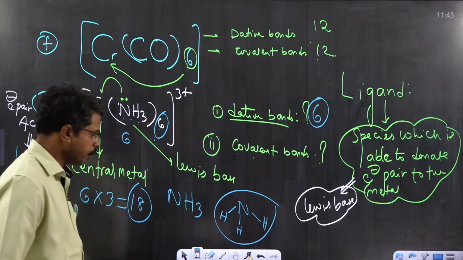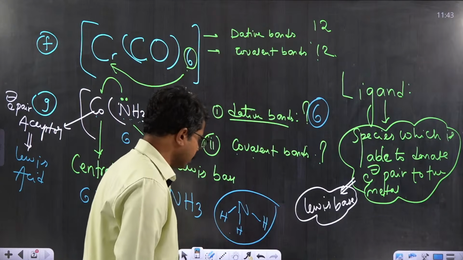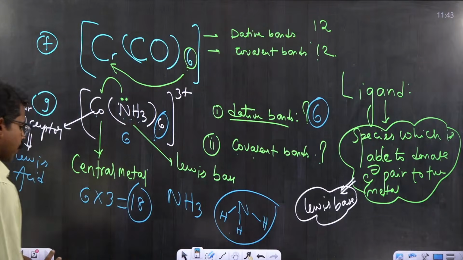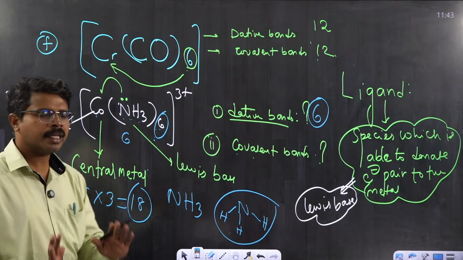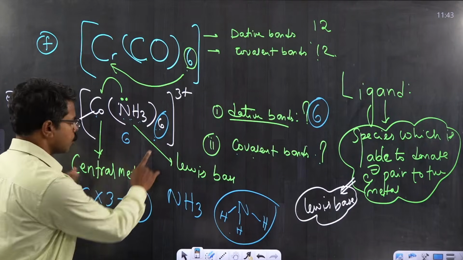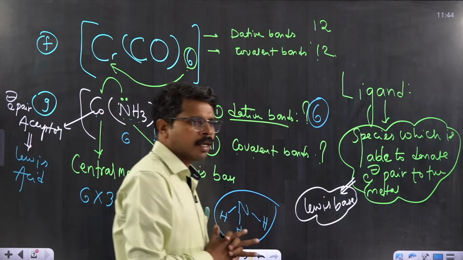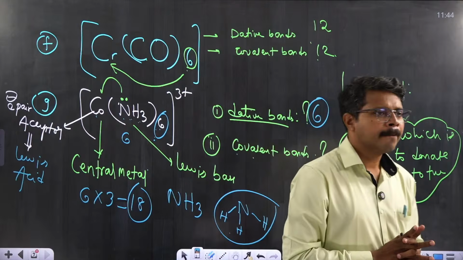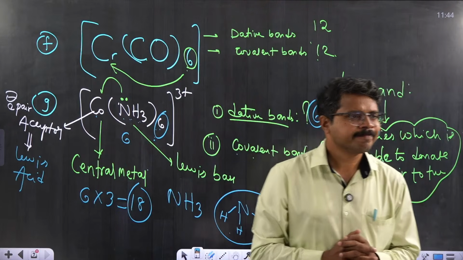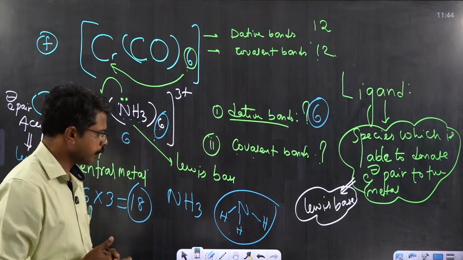Right? Very good. Now at the end I will give one more question. Try to answer this question properly and give the correct answer. Okay? Are you able to get the total number of dative bonds and sigma bonds? Okay? Right? Very good.